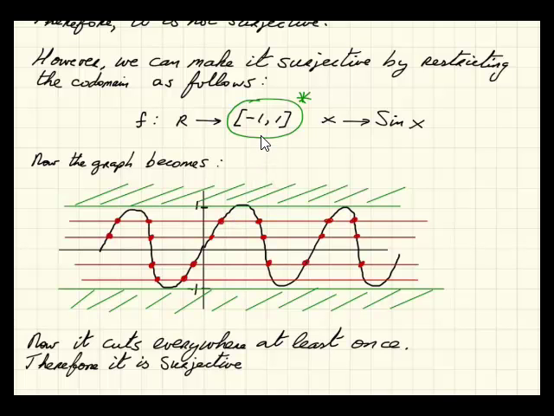So by restricting the codomain to -1 and 1, we're effectively cutting off any values above the crests of the curve here and below the troughs. And if we now do our horizontal line test again, we see this time it does work, because any place you go between those two boundaries, it will cut at least once. Therefore the function is now surjective.